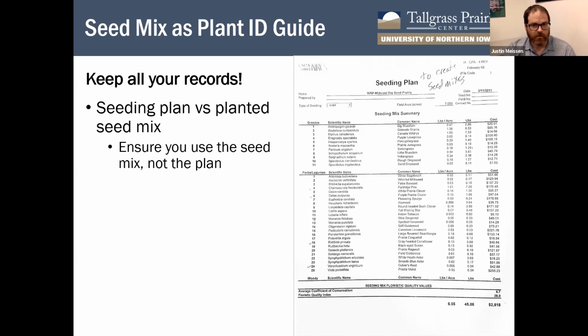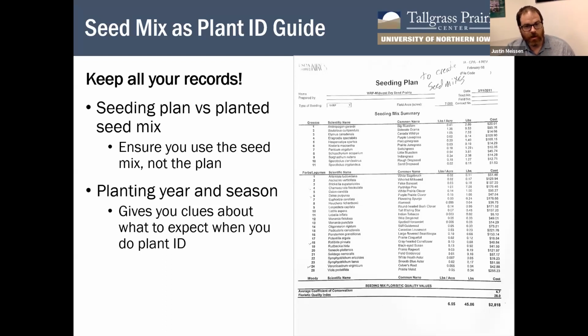However, because there might be availability issues for some seed, the seed vendor might actually propose a different seed mix that's available, and that mix might be different than the original plan. So make sure you keep both of them, but the seed mix that was actually purchased and put into the ground, that's the most important one to have.